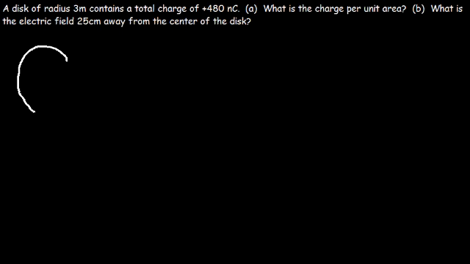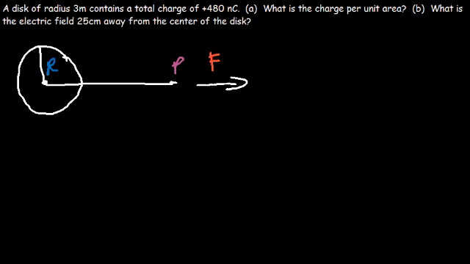So here we have a charged disk, and r is the radius, and some distance away from the disk, let's say point P, we wish to calculate the electric field, which we know is going to be directed along the x-axis, away from the center. Now the distance between the center and point P is 25 centimeters. Keep in mind, this picture is not drawn to scale.